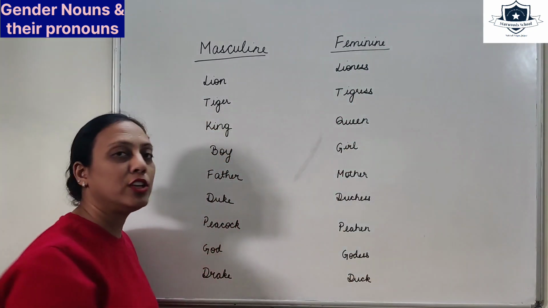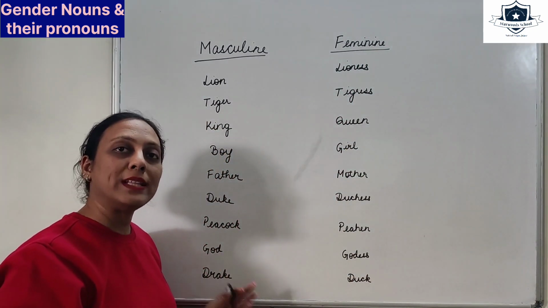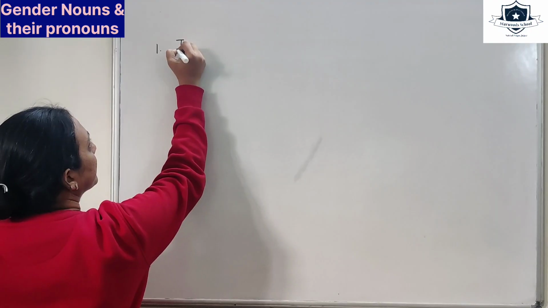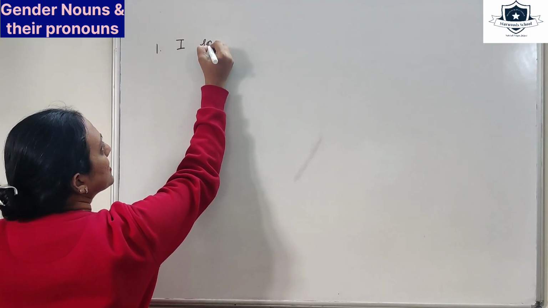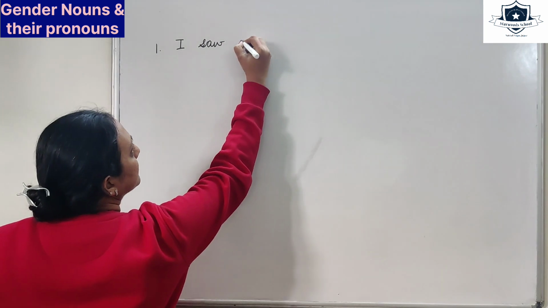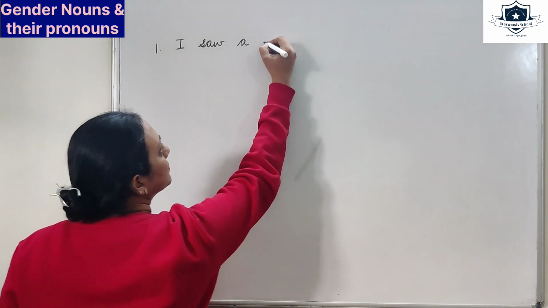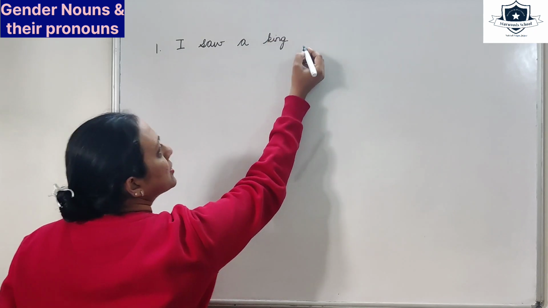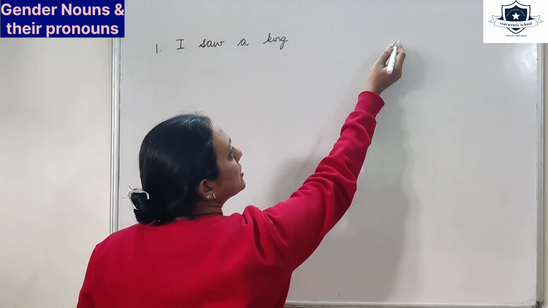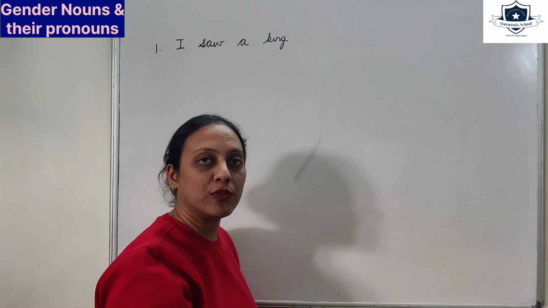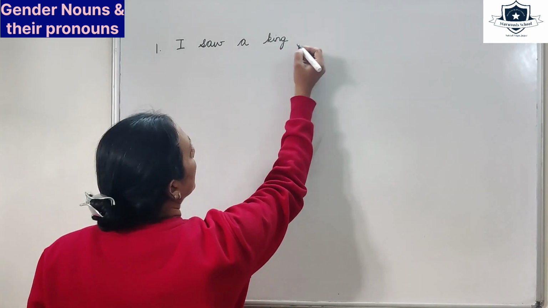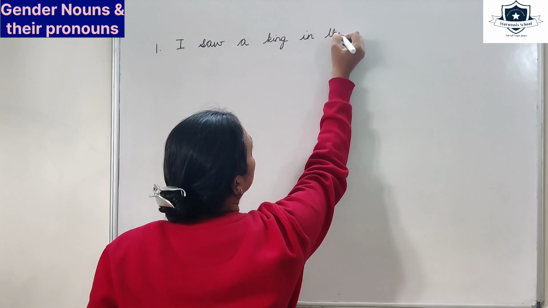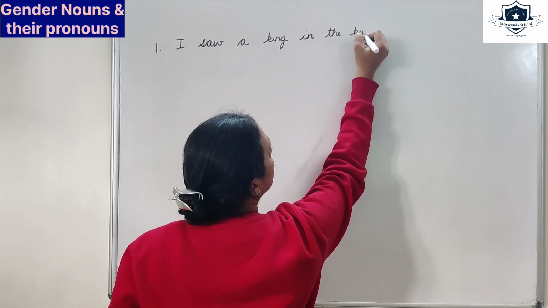I will be giving you more examples with sentences so that you understand in a better manner. I saw a king. So we have to write the opposite of it, or the feminine noun of it. I saw a king in the kingdom.